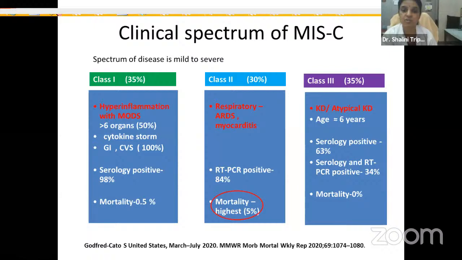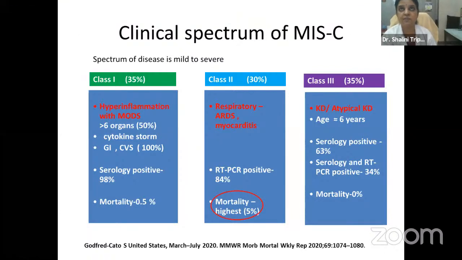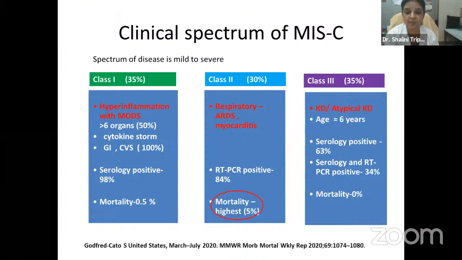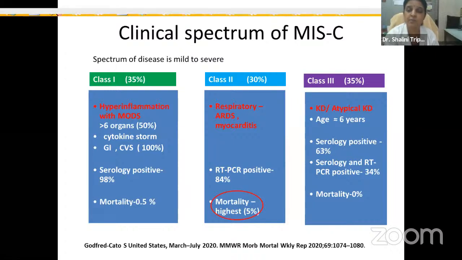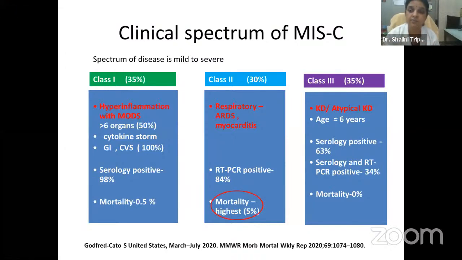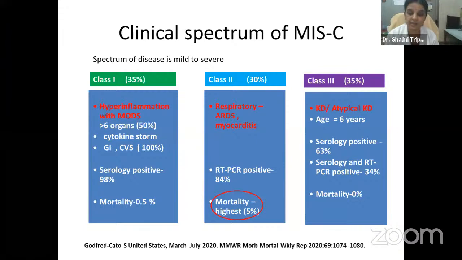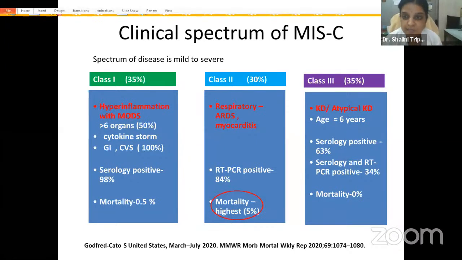Most of them were actually PCR positive, because most of the time we think the patient will have antibody positive, but in MIS-C the patient can have PCR positive as well, because there is a gray zone when the antibodies just start appearing and the inflammation has not yet subsided, in fact increasing. Mortality in these patients was the highest in this series, around 5%.